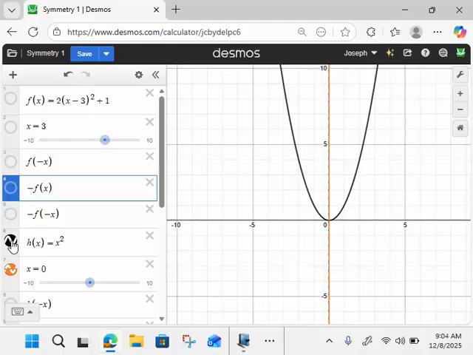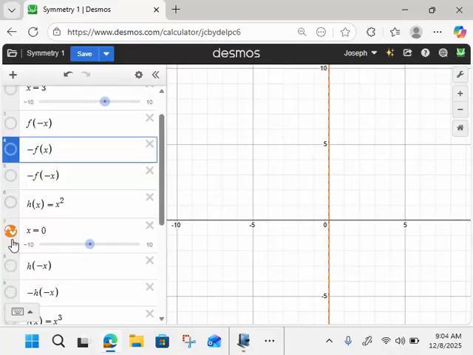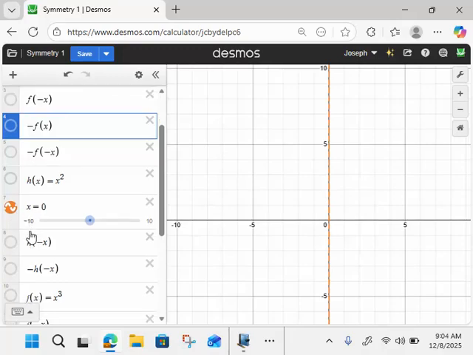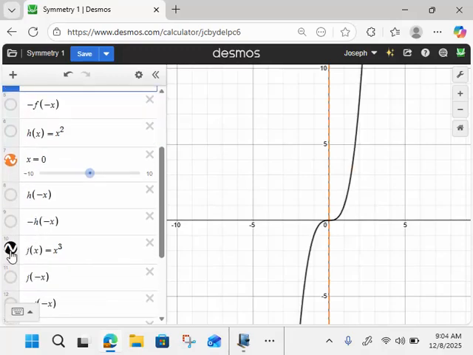Now, what is this anti-symmetry? Well, that just means instead of the left side being the same as the right side, the left side is the negative of the right side. So an example of that would be x cubed. Look at this guy. The left side is exactly the negative of the right side.